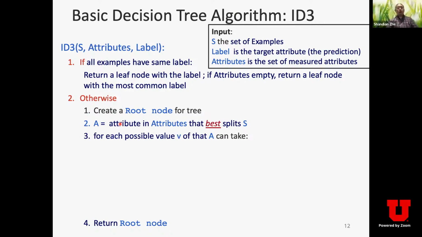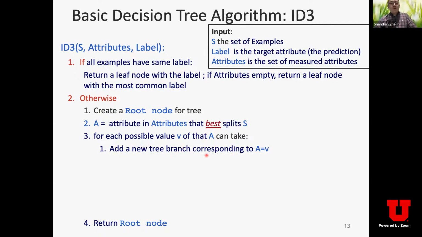Now, how can we do that? We're going to enumerate every possible value V that A can take. For each possible value V that A can take, we're going to create a new tree branch.